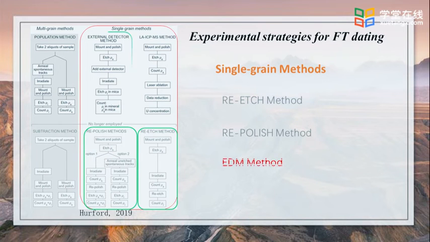In contrast, the external detector method, EDM, has been used almost exclusively as the fission track strategy of choice for several decades. In the EDM, uranium-238 spontaneous fission tracks are etched in the grain, and uranium-235 induced tracks are recorded and etched in a detector of low-uranium muscovite held against the grain mount during irradiation.